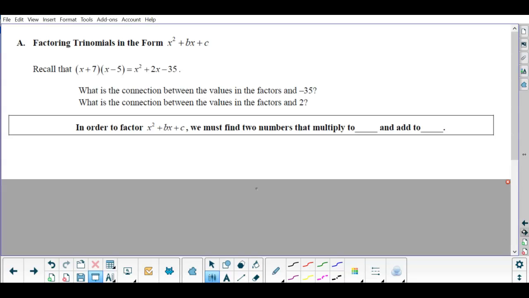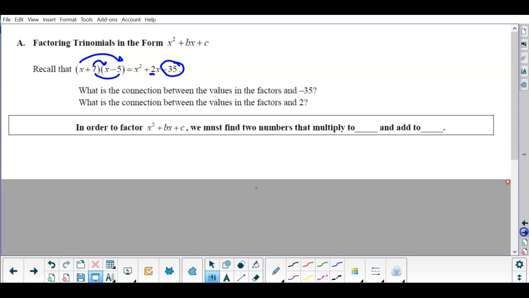All right, so these are simple trinomials. That means the coefficient of x squared is 1. So when you expand back and collect like terms, notice that the last terms multiply to the constant term, and those two values separately add to the coefficient of x, because what gives you the middle term is the outside multiplied together and the inside multiplied together.